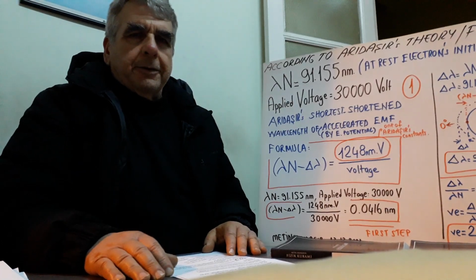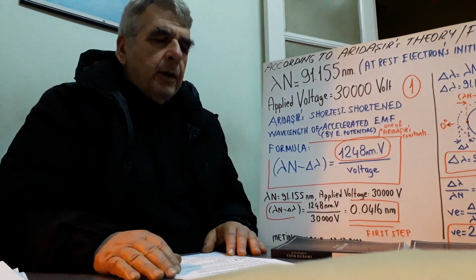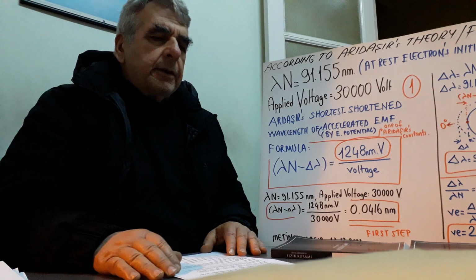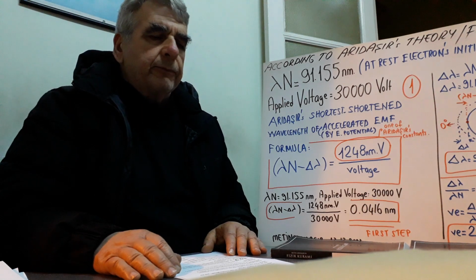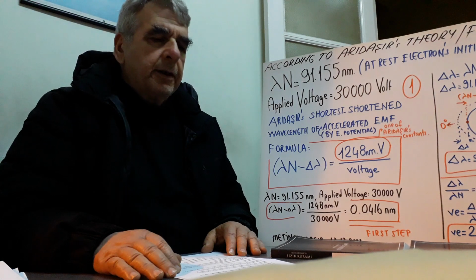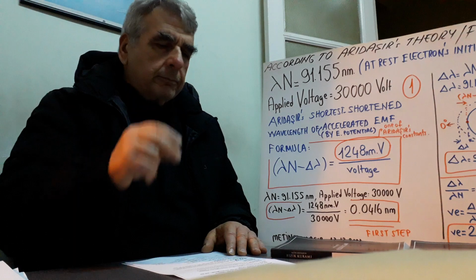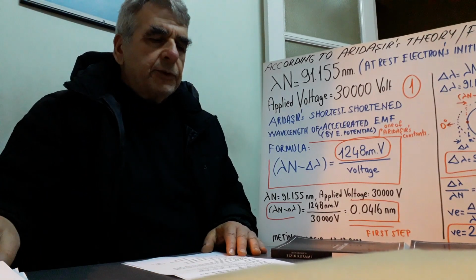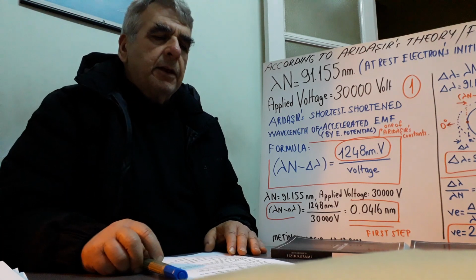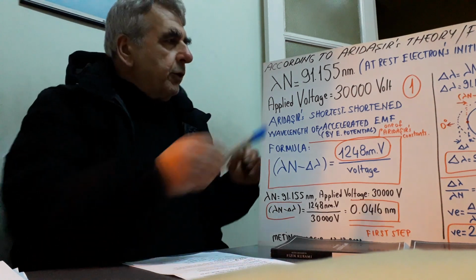According to my theory and my formulas, for detecting the velocities of an accelerated electron motion form under an applied electric potential, we need two values. One of them is a certain wavelength size of the electron motion form, the initial at-rest wavelength, lambda normal.